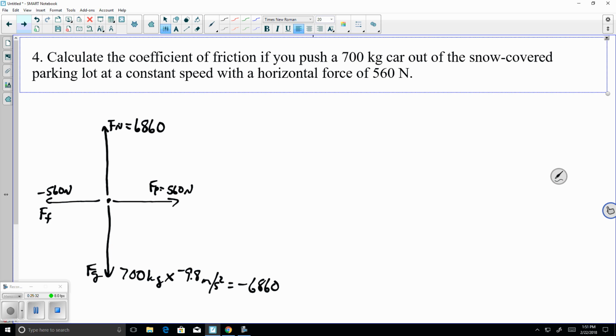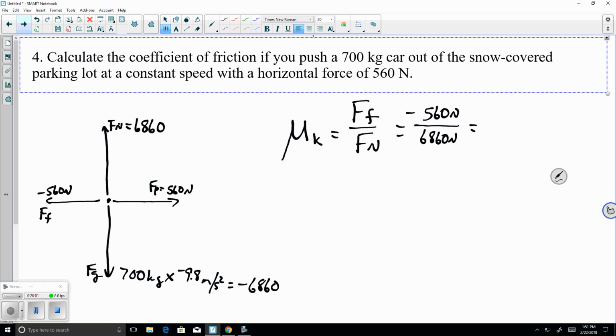All right, so what is mu? Since this is moving, this would be mu k, which is the force of friction over the normal force. So it's 560 newtons over 6860 newtons, and technically that's a minus.